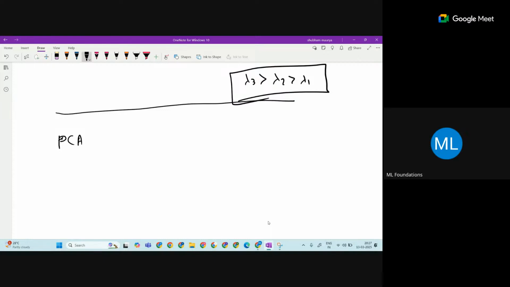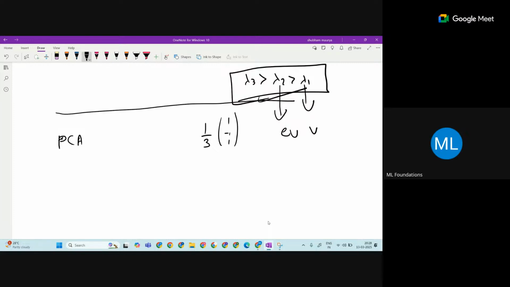We have to write it like this, and the direction we have already fixed. The direction is going to be 1, minus 1, 1, with 1 by root 3. So this is going to be the principal direction, and the other eigenvectors we'll use in the projection.